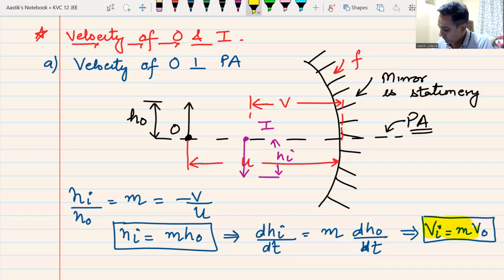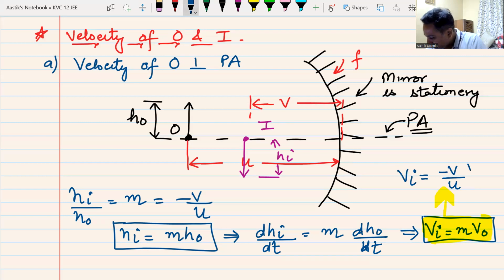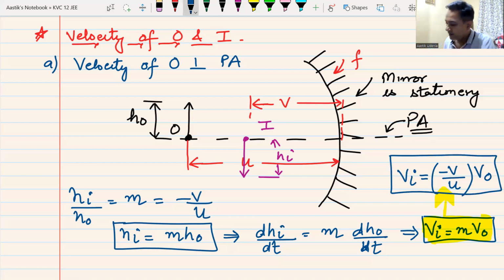M stands for the magnification. I can write this formula in a different way. Magnification is minus V by U. Yes or no? So I can write velocity of the image as minus V by U times velocity of the object. Do we understand this?